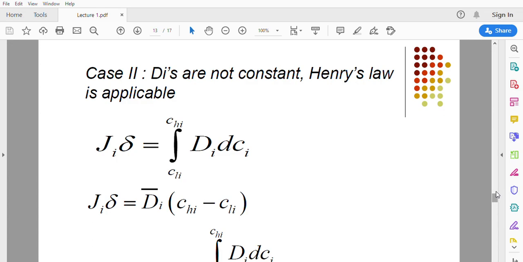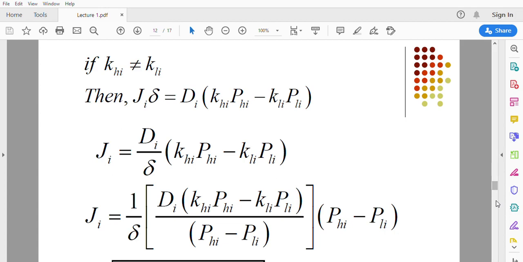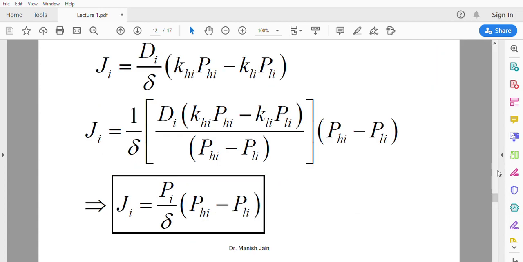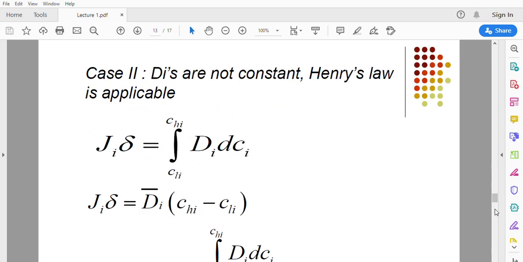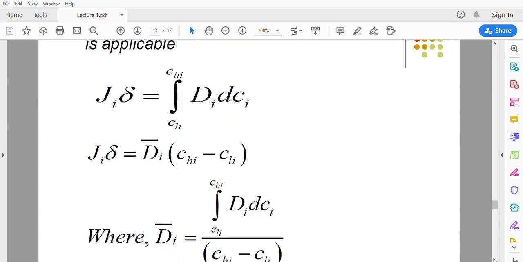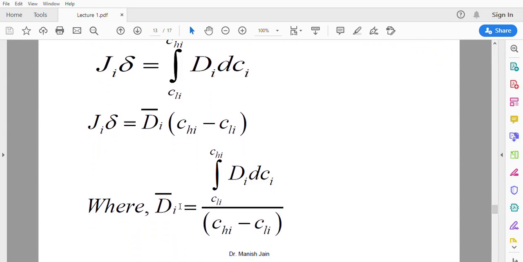At this condition, your diffusivity will become concentration dependent, but you can use Henry's law. So at this condition, this equation can be integrated in this form, where Di bar is the average diffusivity, average in terms of concentration. So we can take the average diffusivity coefficient with respect to the concentration. This is the formula to integrate this equation.